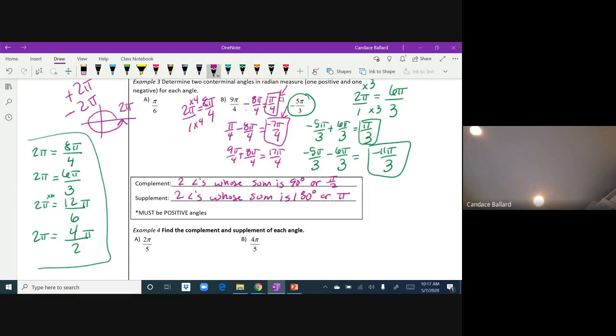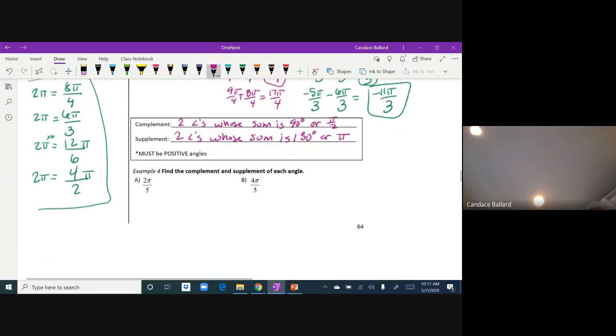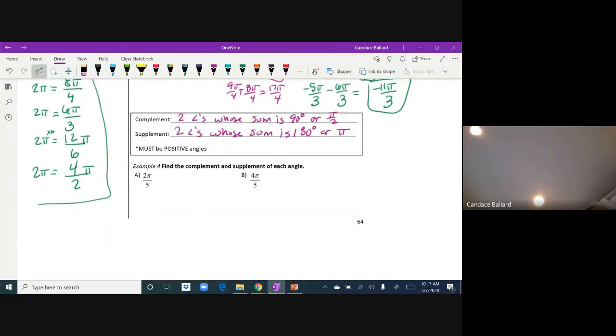Okay. All right, so we are supposed to find the complement and supplement of each angle. So complement again is the pi over 2. I'm looking at my notes. I didn't look too far ahead in advance. And supplement is they have to add up to pi.